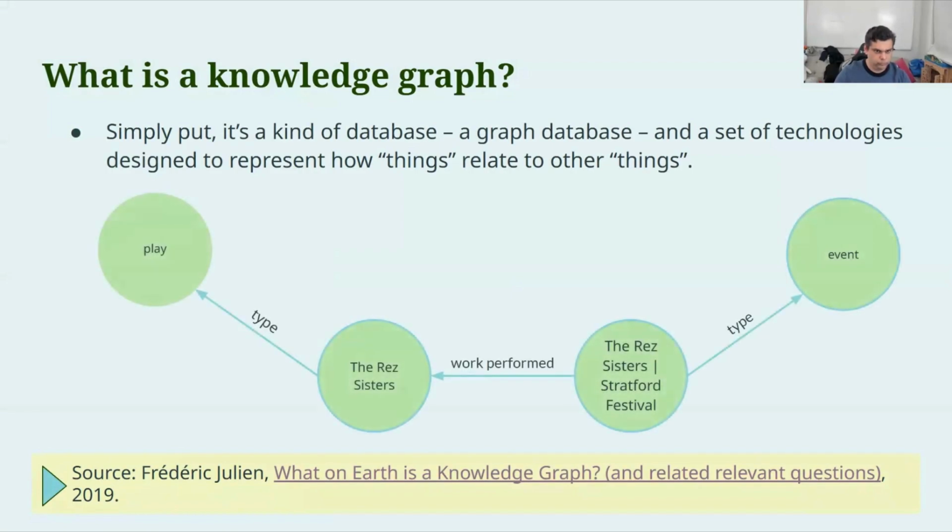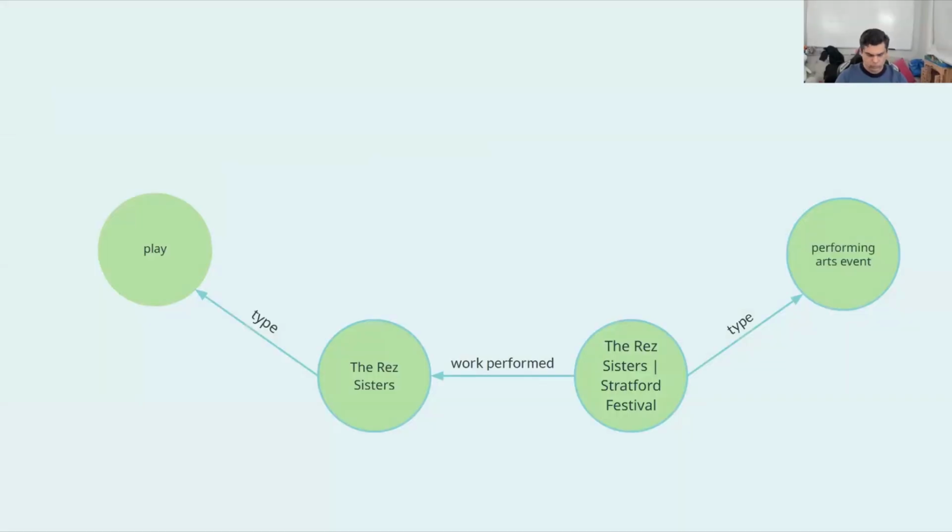Here's a very simple graph where we have the show, the Red Sisters, being performed at the Stratford Festival. Now, this graph can be expanded. What can we say about this thing?